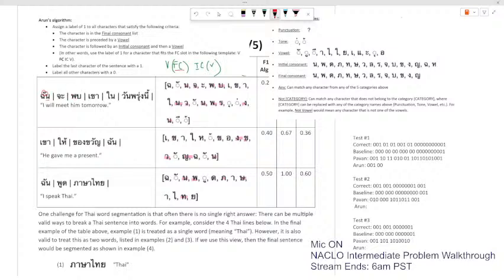This one is a final consonant. It is preceded by a vowel, and it is followed by an initial consonant and then a vowel. Uh-oh. Kind of breaking down. Okay. Then we have, this is a vowel, that won't work.